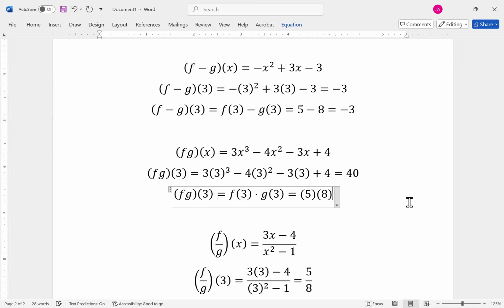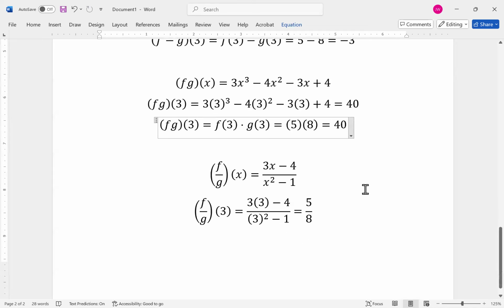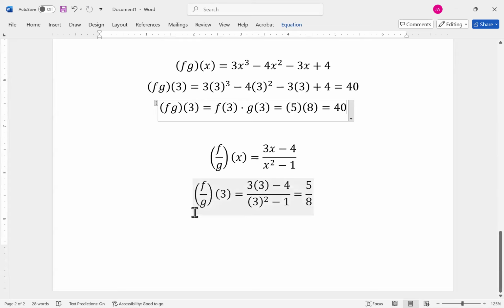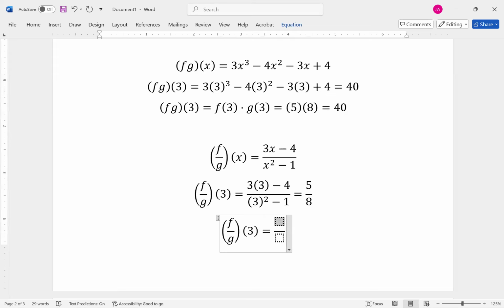We already knew those two, which gives you a 40. And then it's pretty easy to see that we could have done the same thing with the division operation too. f over g of 3 is like taking f of 3 divided by g of 3, which obviously is 5 over 8 as well.